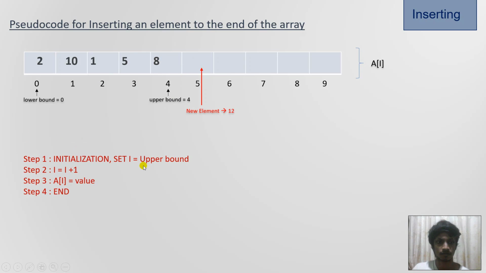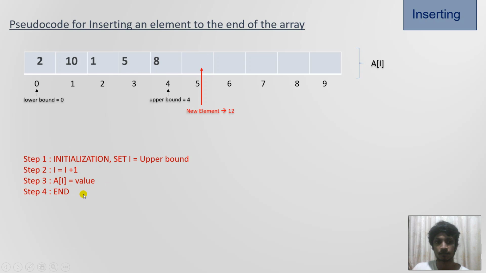So here is the pseudocode for it. It's very easy: first we initialize the upper bound of the array. Then we increase it by 1 in order to place the next value at the 5th index.